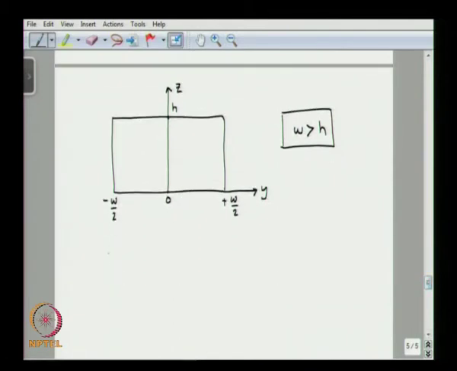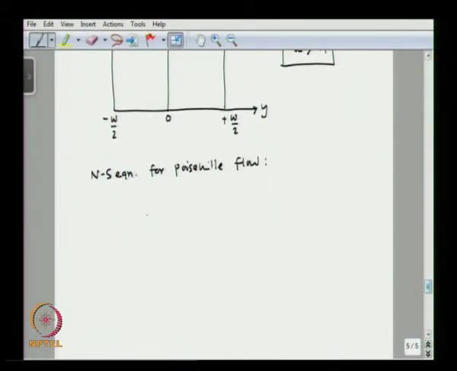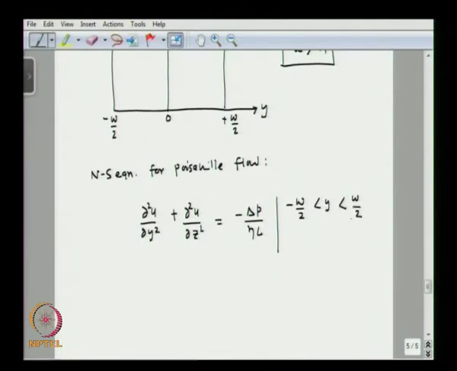This is always possible to maintain. So, we again go to the Navier-Stokes equation for Poiseuille flow, which is del square u over del y square plus del square u over del z square equal to minus delta p over eta L. We want to apply this to the domain where minus w by 2 is less than y less than w by 2 and 0 is less than z less than h.